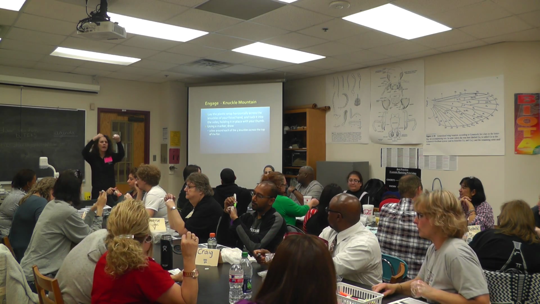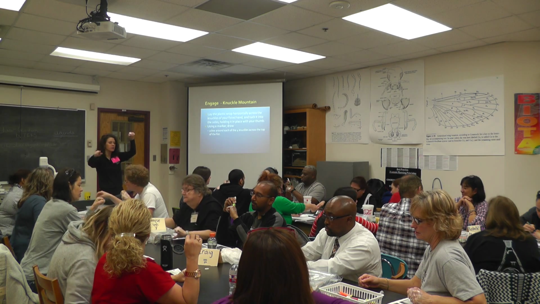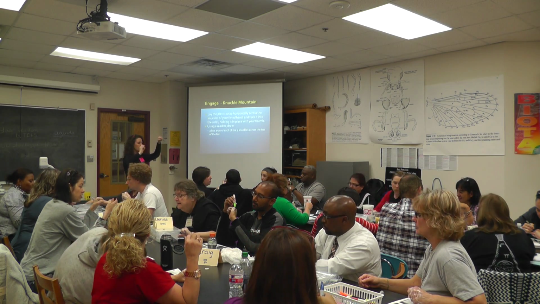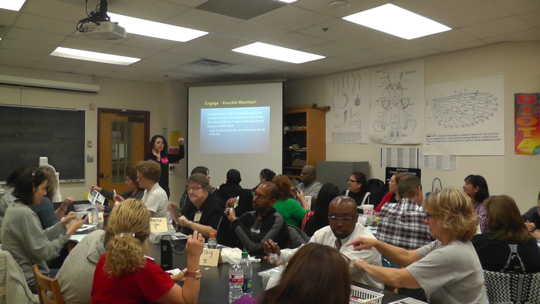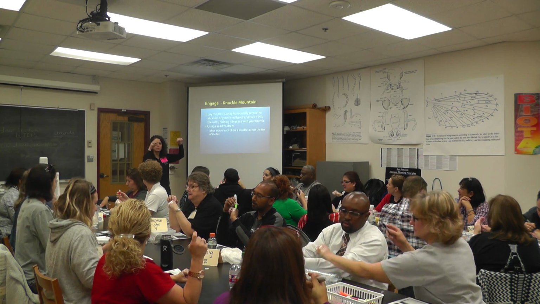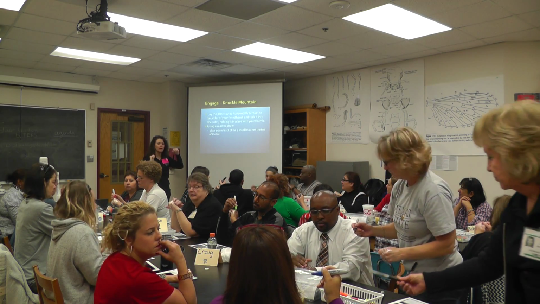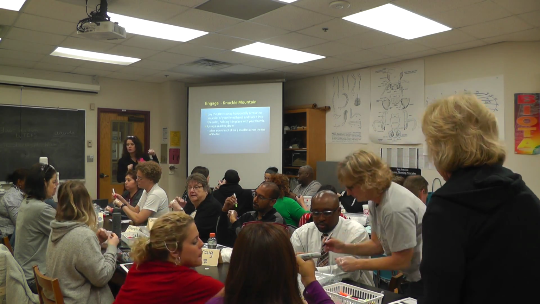In your bucket, there are some Sharpies, and you're gonna have to share right now. Those Sharpies are fat Sharpies. Use the skinny little tip and draw just a skinny line around each of your knuckles. Okay.